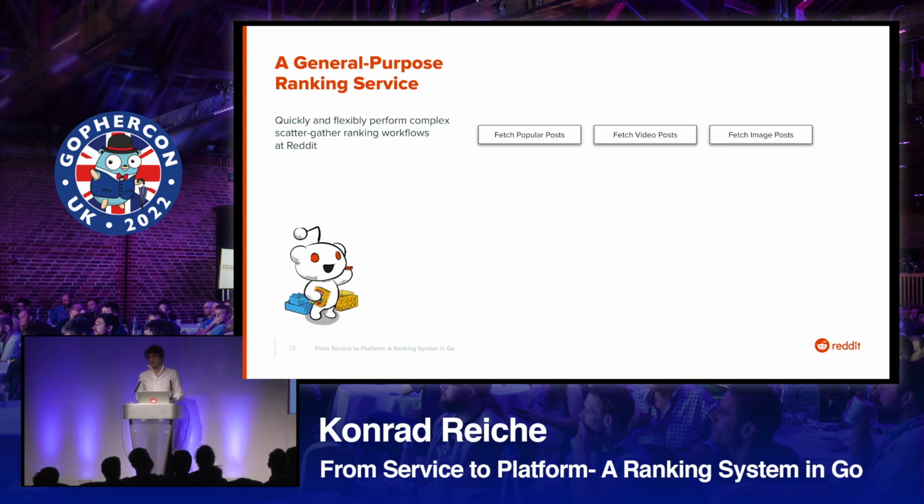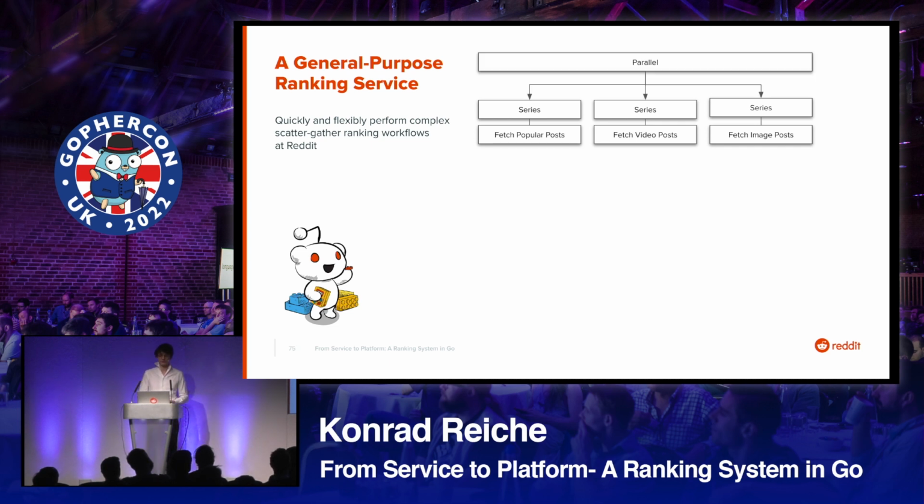And so now we talk about stages that execute other stages, meta stages, stages of stages. So if we want stages to be executed in sequence, we wrap them in a series stage. If stages should be executed in parallel, we wrap them in a parallel stage.